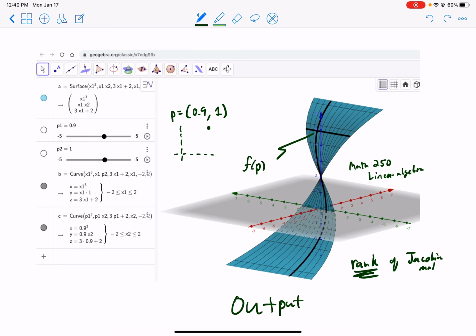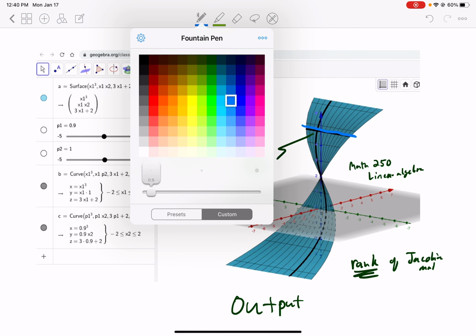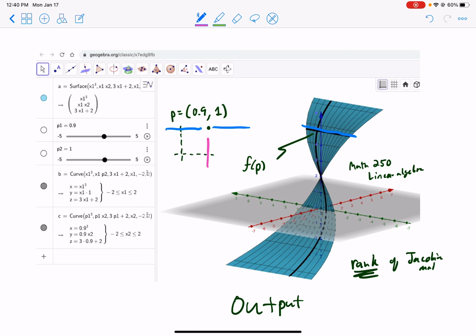And then through the point p, if we take this line, it becomes this line. And if we take, I think this line, this vertical line, it becomes this curve. So that's interesting. And you can play with this. You can change the value of the x and y coordinate and see the curves on the surface change. They'll maybe go through different curves.